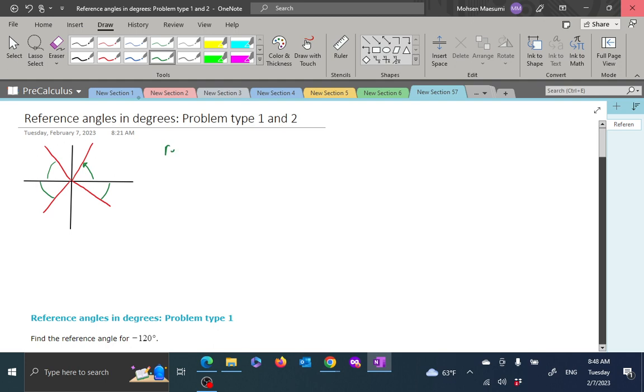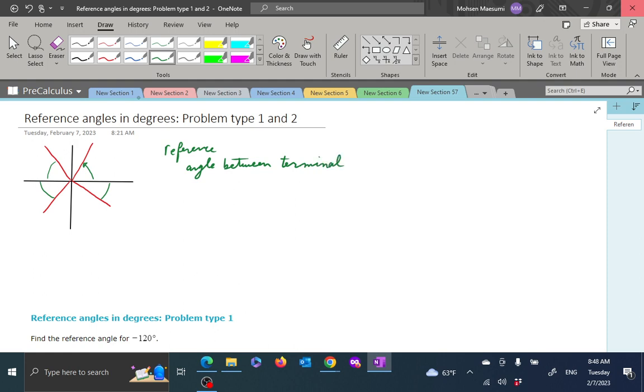So the reference angle is the angle between the terminal side and the horizontal line. Remember, we are putting the angle in standard position. We are starting it off the x-axis. We have some angle given to us, and this reference angle is always an acute angle.